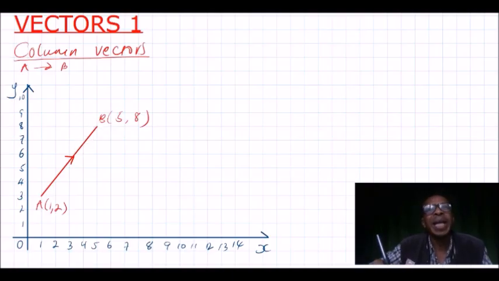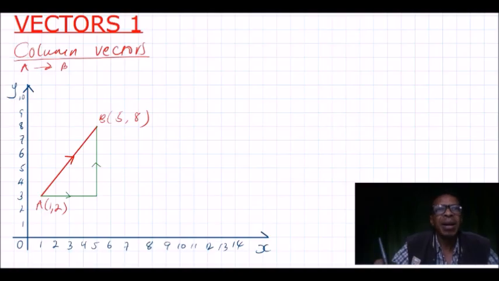We can use what we call components. We say this vector can be represented by these components. So alternatively, you can move from A like that.